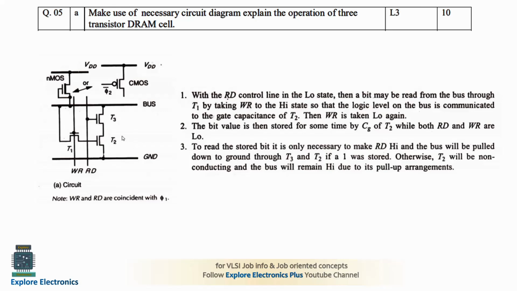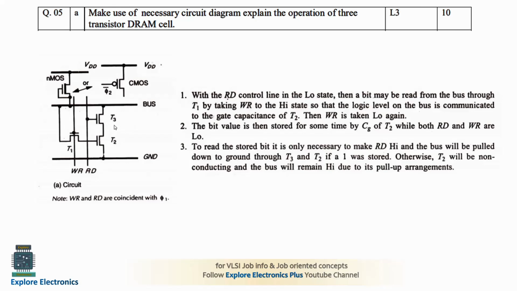Let us understand the read operation now. In the read operation, WR will be kept 0 and RD will be kept equal to 1. Means we are doing a read. That's why RD is equal to 1. And remember, we have stored the value 1 in the gate capacitance of T2. Means T2 will be on now. Because RD is equal to 1, T3 is also on.